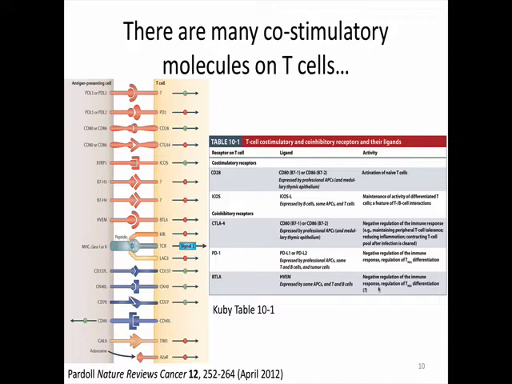The ones that turn cells off have something in their cytoplasmic domain called an ITIM. ITAM is immunotyrosine-based activation motif. ITIM is immunotyrosine-based inhibitory motif. And we'll see a lot more about ITIMs a little bit later. But there are two negative receptors, that both have ITIMs, that I want to talk about a little bit here.